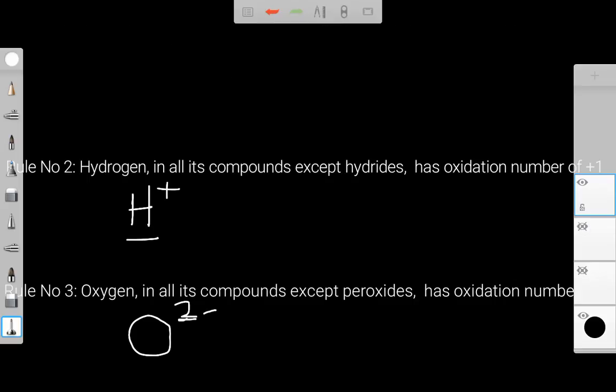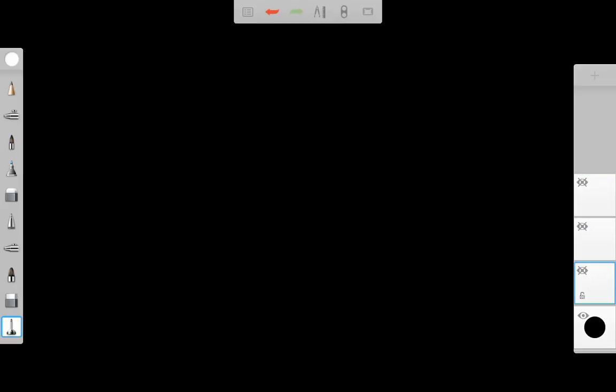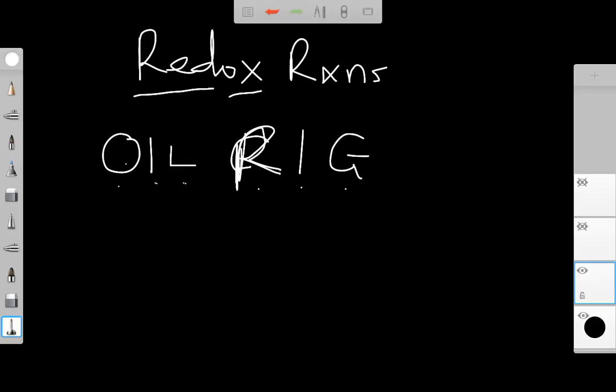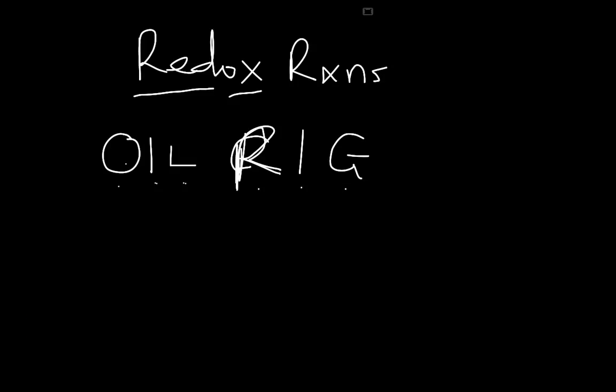Let's quickly go back to the first slide. The question now is, what is the oxidation number of chlorine in hydrogen chloride, HCl? If you remember the second rule, hydrogen carries +1.